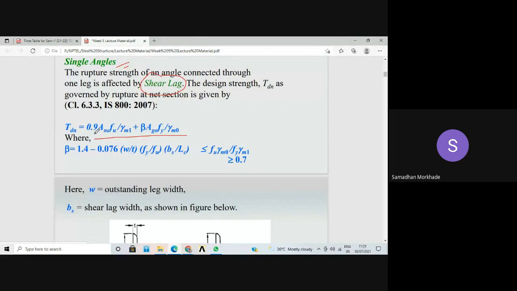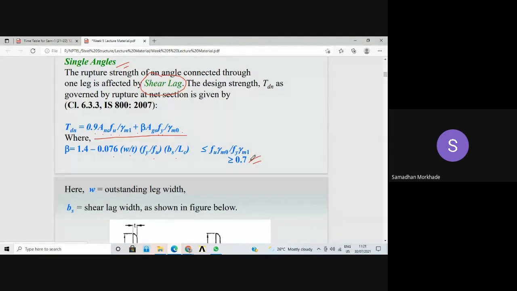The formula is 0.9 Anc Fu by gamma m1 plus beta into Ago Fy by gamma m0. The beta factor is calculated using 1.4 minus 0.076 w by t into Fy by Fu into bs upon Lc. We have to satisfy this limit condition for the beta value.